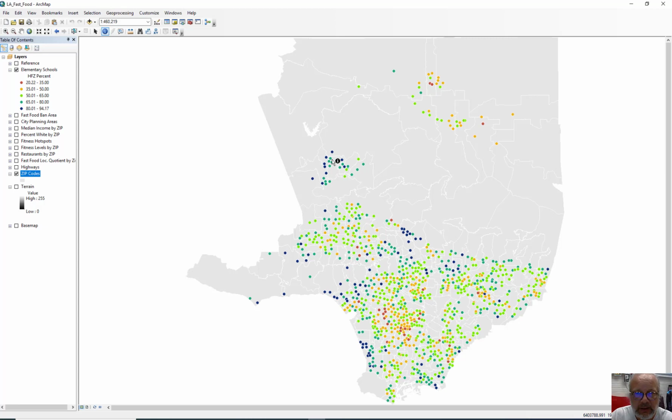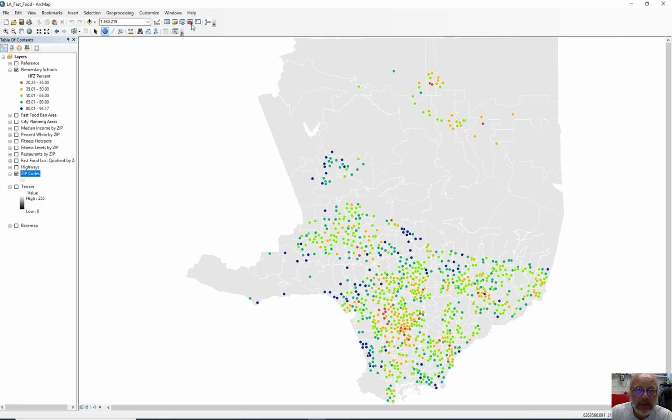And so the tool that I have used is called inverse distance weighting, or IDW, and it's a kind of interpolation of data.